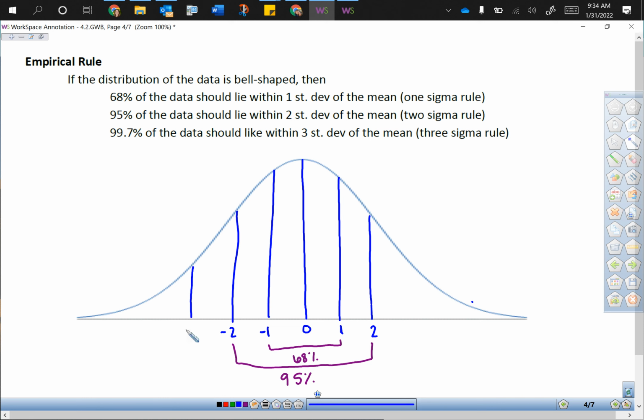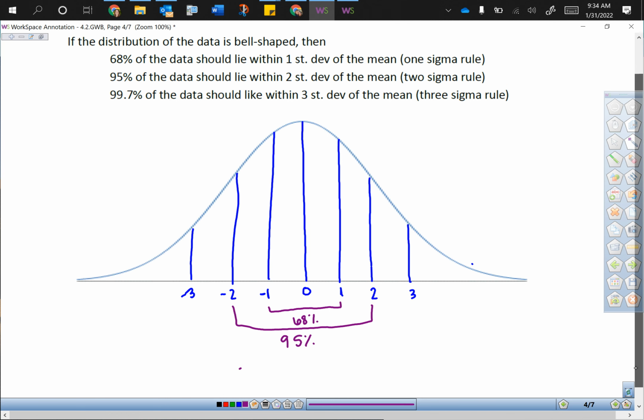And then if I go 1 more and get 3 and negative 3, I'm going to have 99.7% of my data within 3 standard deviations from the mean. Okay?